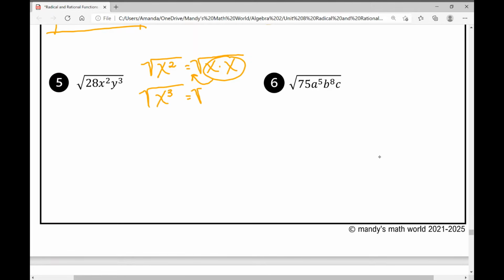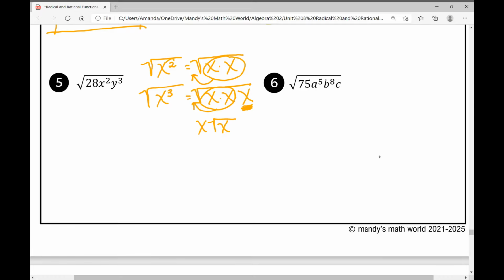Well, that looks like this, the square root of x times x times x. Okay, well, I have 2 of something, so I can pull 1 out, but I have 1 left over. So I would rewrite the square root of x cubed as x root x, or x times the square root of x. So that's really important whenever you're simplifying these square roots that have variables raised to exponents.